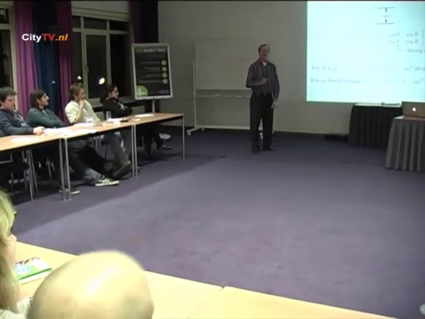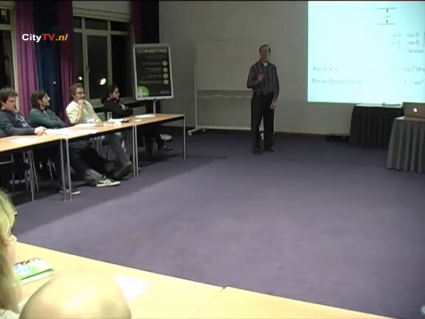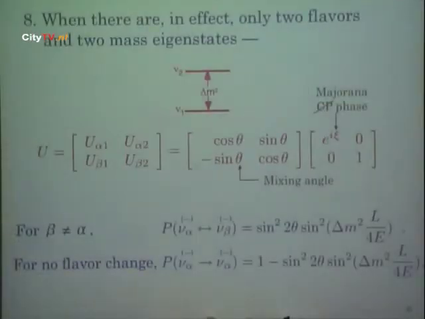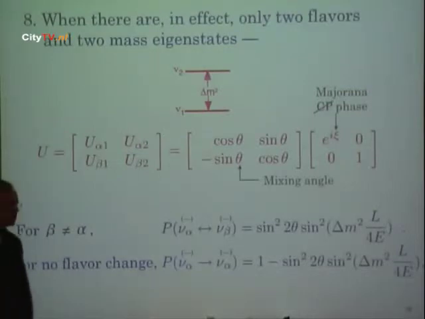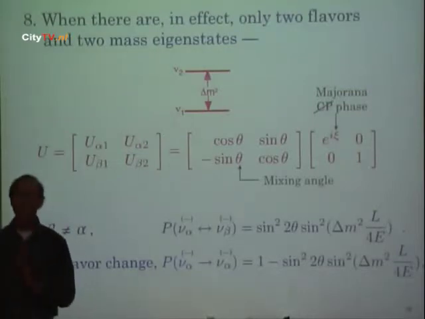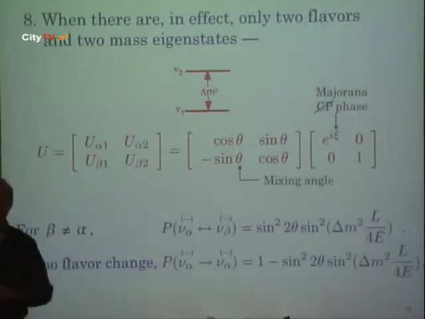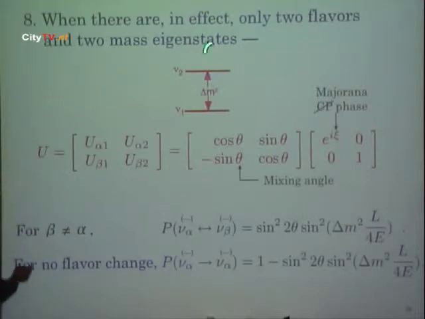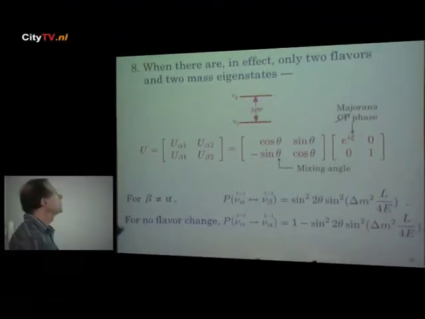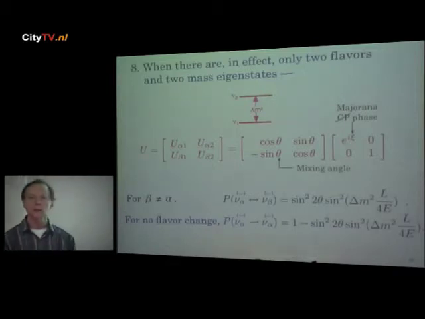We know that there are at least 3 neutrino mass eigenstates and 3 corresponding flavors. However, to a very good approximation, if you're just trying to describe one experiment, it is a very good approximation to take just 2 neutrinos into account. 2 mass eigenstates, call them nu1 and nu2, so there's only one delta m squared, m2 squared minus m1 squared.